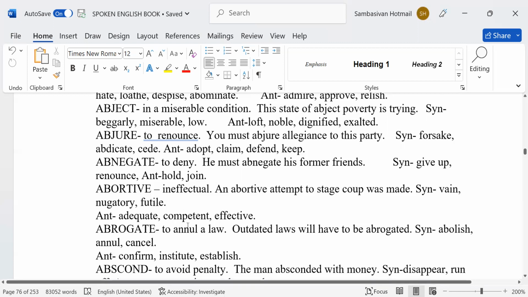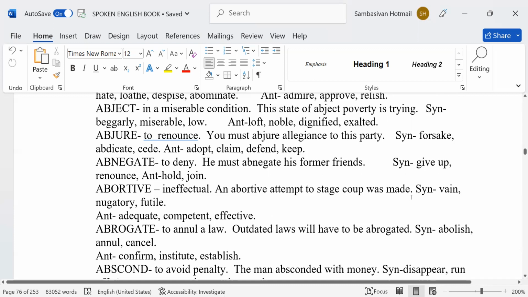Good. Continue. Abortive: ineffectual. An abortive attempt to stage a coup was made. Actually, here the P is silent in coup. It is always pronounced as military coup, which means the military is taking over the rule.